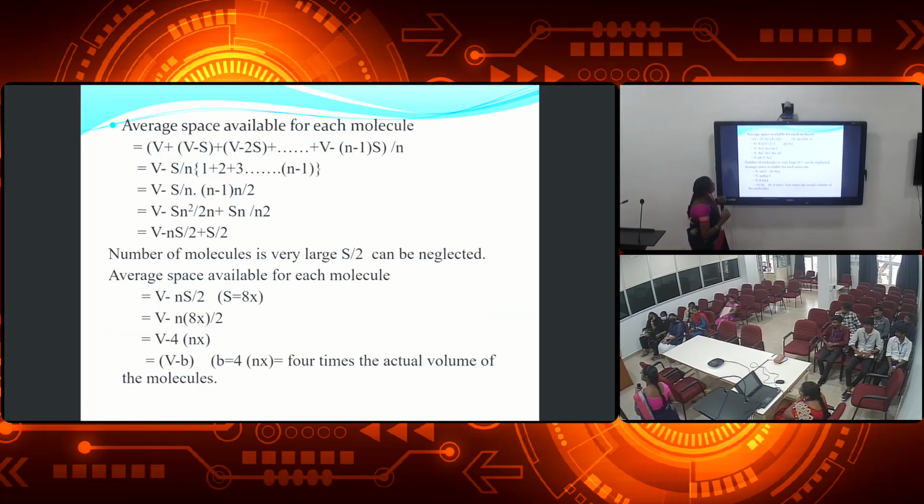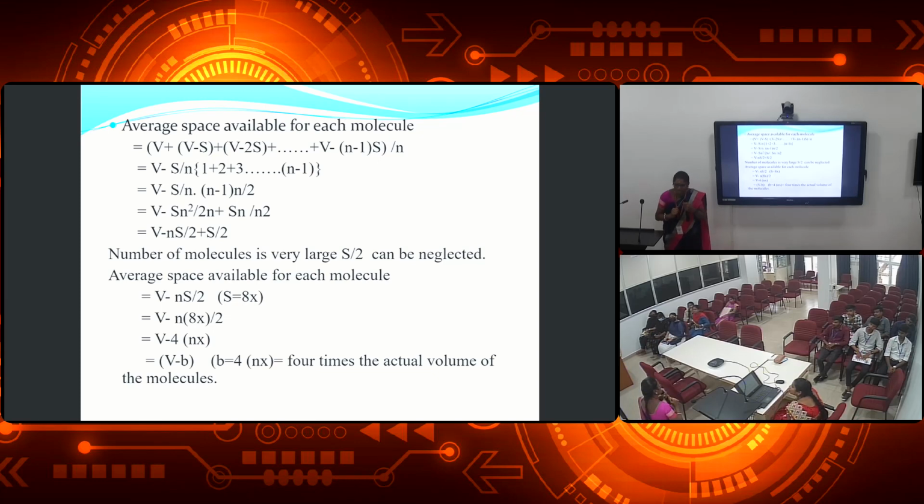Then the average space available for each molecule: the first molecule V, second molecule V minus s, third molecule V minus 2s, and so on up to V minus n minus 1 into s, divided by n, where n is the number of molecules. Taking V common and s common, we get V minus s divided by n into the sum 1 plus 2 plus 3 up to n minus 1.